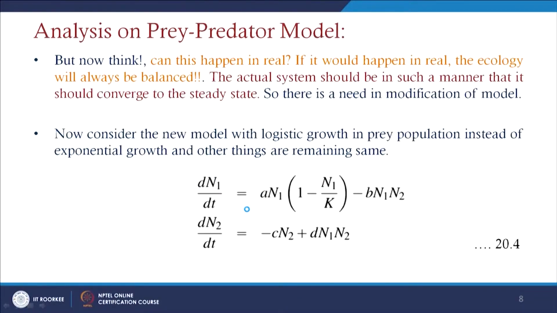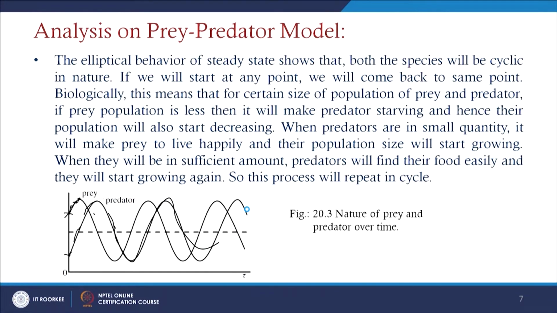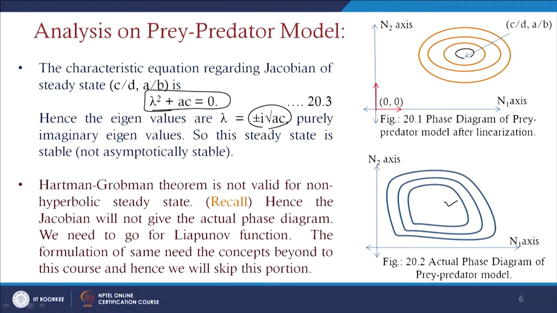If you go for further analysis of this prey predator model, now you can think: can this happen in real life? Especially in real life, the ecology will always be balanced. So, the actual system should be in such a manner that it converges to a steady state, since in this diagram it is always coming towards a definite point.